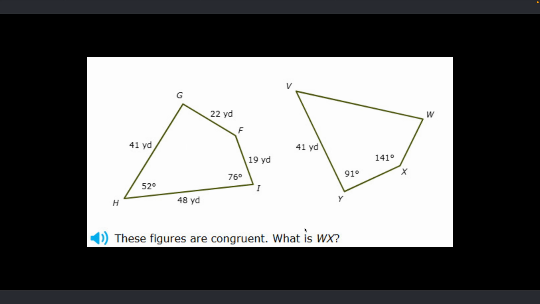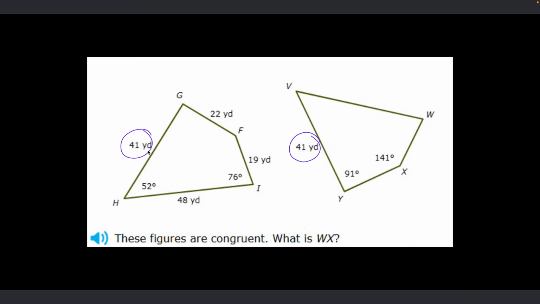For the second problem, they do not give you a congruent statement, so you have to do a little bit of putting together the pieces, the puzzle pieces. We're going to write our own congruent statement, and the way you do that is look for something that is in both drawings. In this case, I see that I have 41 and 41.